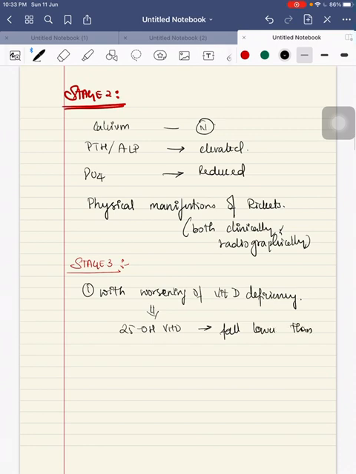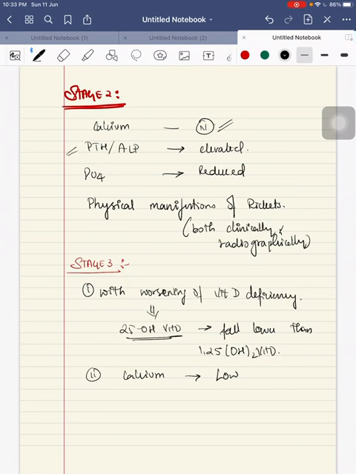It will fall lower than calcitriol, that is 1,25 dihydroxy vitamin D. Plus calcium will be low in this stage, while in stage 2 calcium will be normal.